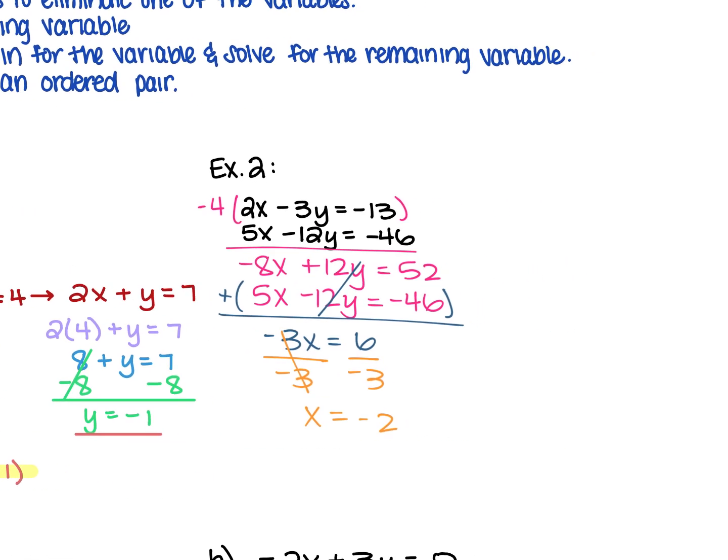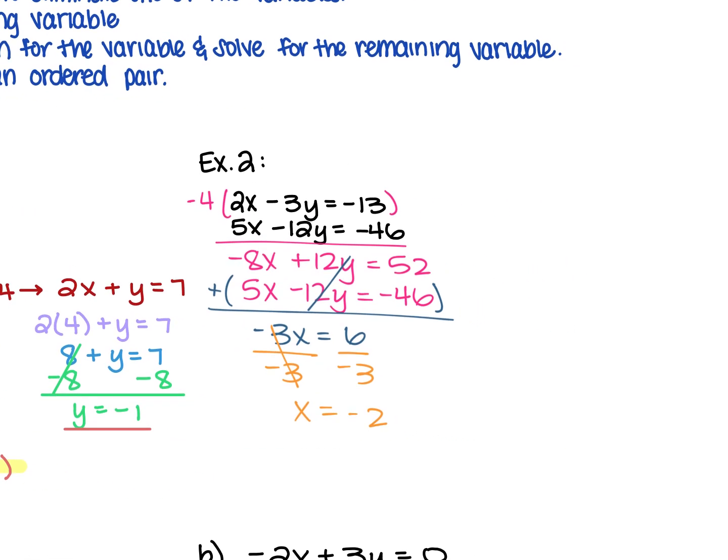From here, take this, plug it into one of the original equations. I would choose the top because I'm working with smaller numbers. It's totally up to you which one you use, though. If we use the top, that's going to give us 2 times -2 minus 3y is equal to -13. The 2 times -2 is -4. Minus 3y is equal to -13.